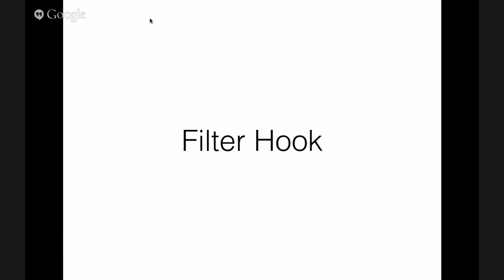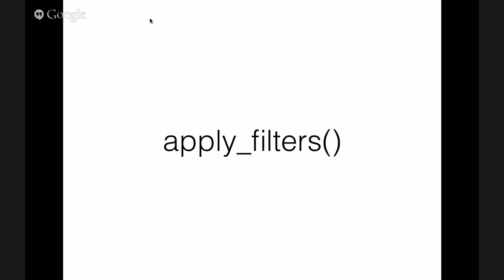The other type of hook is filter hooks. Filter hooks modify existing data, and you can find these in the code by looking for apply filters. It's very similar to how you would add an action hook.